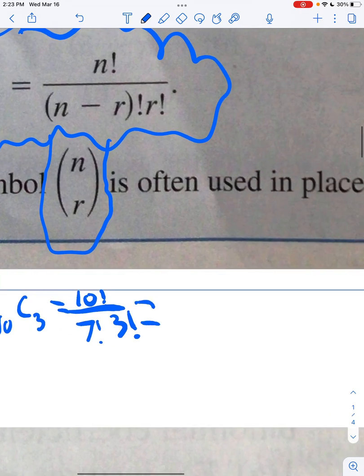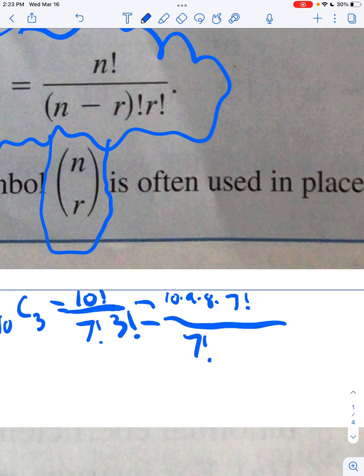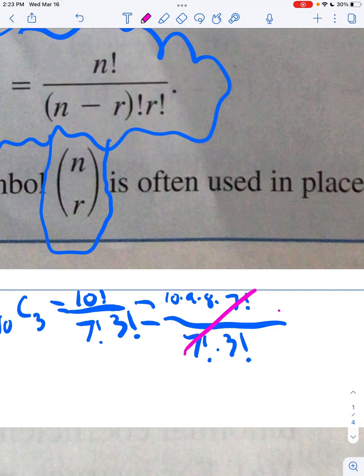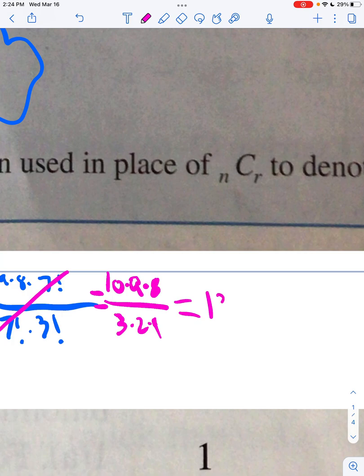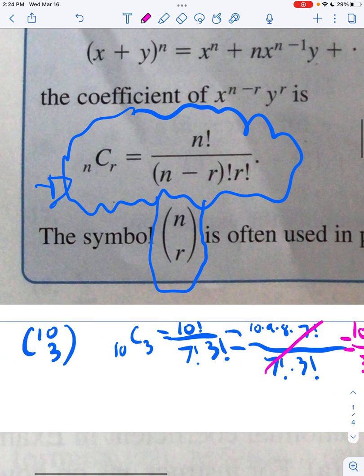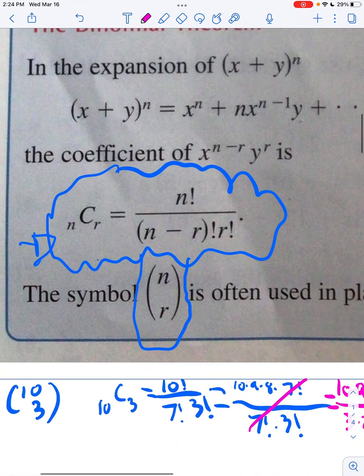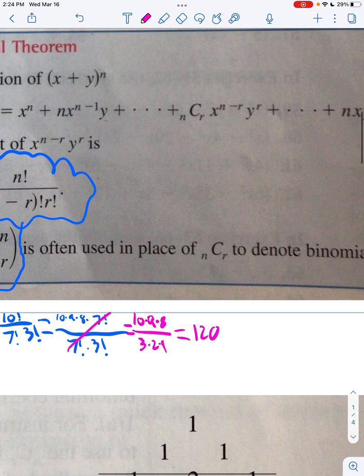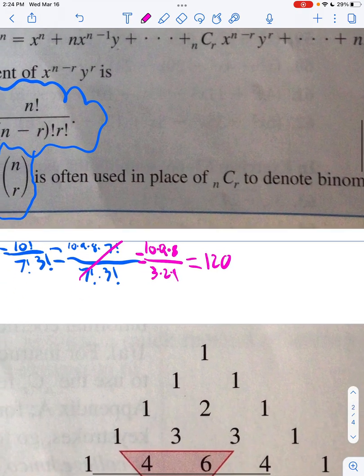When you cancel this out, if I were to break it up, on the top it would be 10 times 9 times 8 times 7 factorial, and I still have 7 factorial on the bottom, so I would cancel these out. I'm just left with 10 times 9 times 8 all over 3 times 2 times 1, which equals 120. That's just an example of how you could use this formula to help you determine the binomial coefficients.